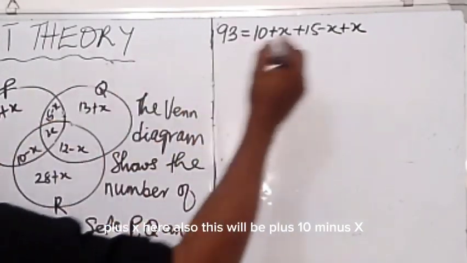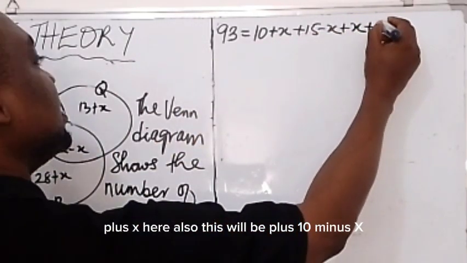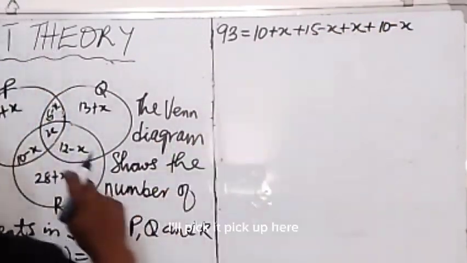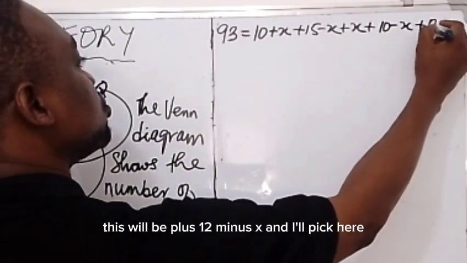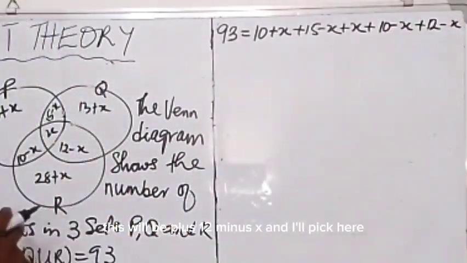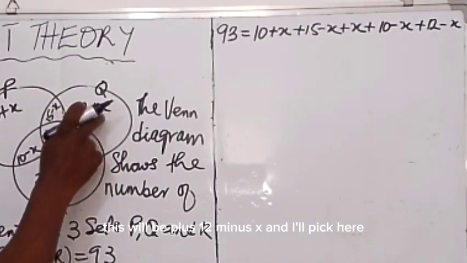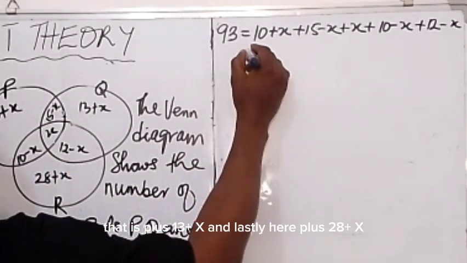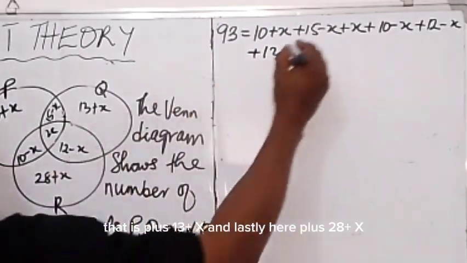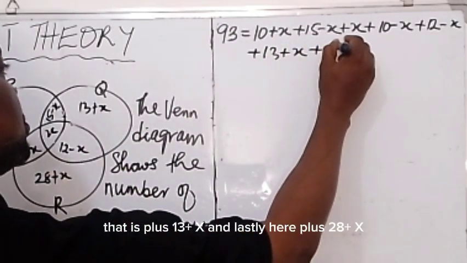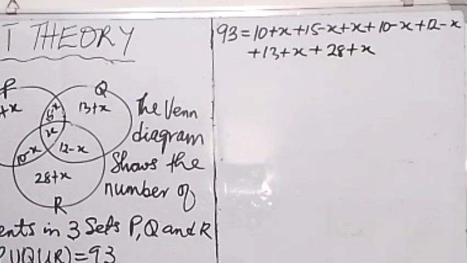Here also, this will be plus 10 minus x. I'll pick up here. This will be plus 12 minus x. And I'll pick here, that is plus 13 plus x. And lastly here, plus 28 plus x.